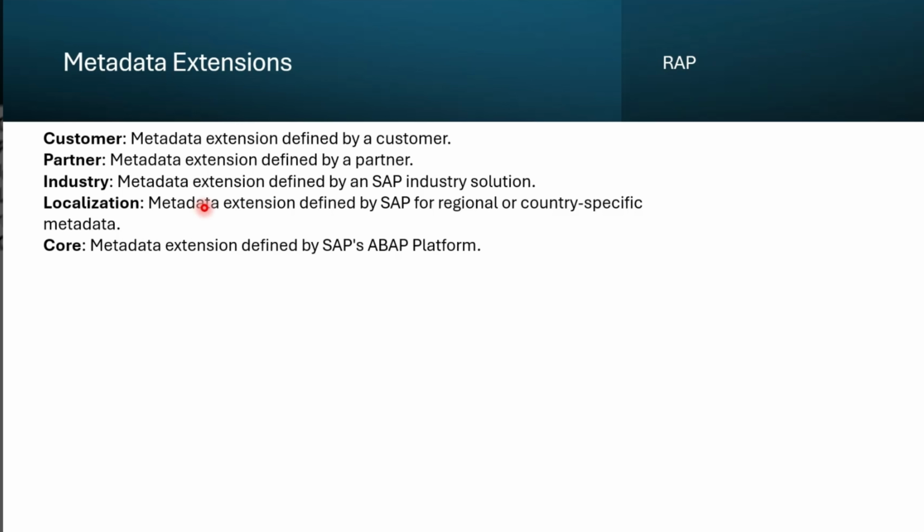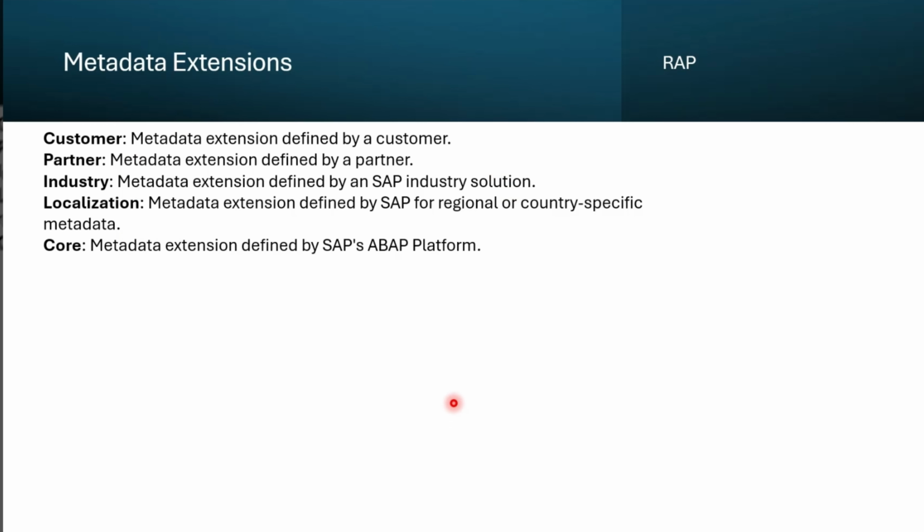Localization, we give this value whenever we want something region specific, like country specific, or something that should be only for this region. And core is mainly intended for SAP's ABAP platform, so we use the core value for creating a metadata extension. So this is the advantage of metadata extension.